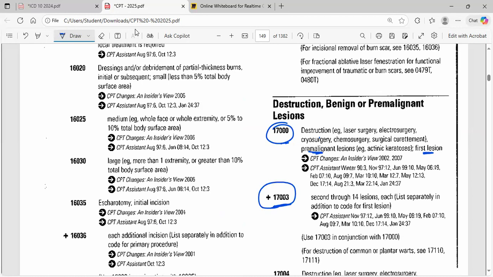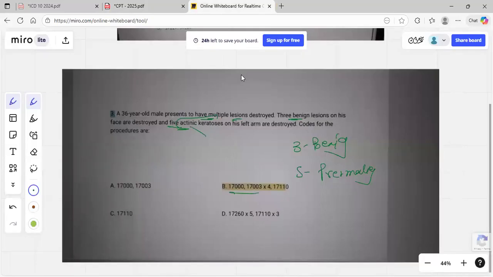For more than 14 lesions, we have to use 17004. So we just have 5 lesions, so we are going to consider the code from this section only. So 17000 and 17003, 4 units. We do not have this option in any other option. So the answer should be B only.